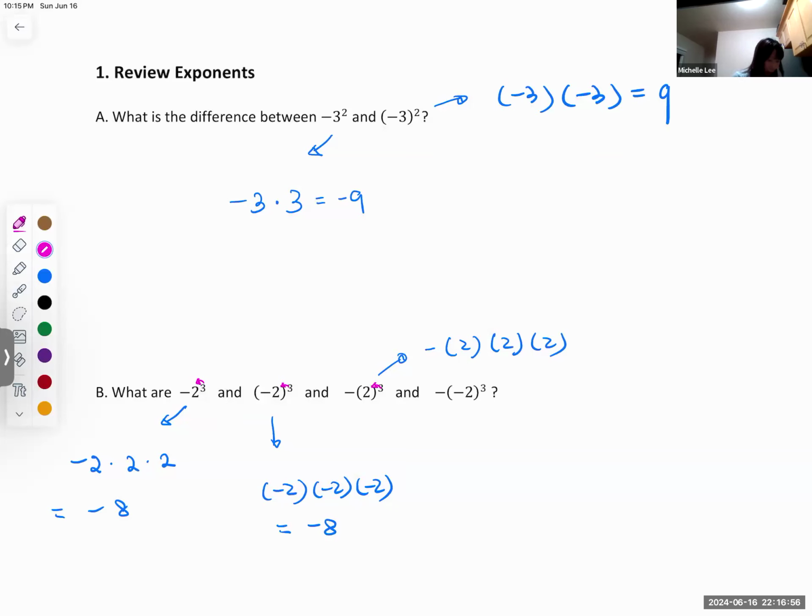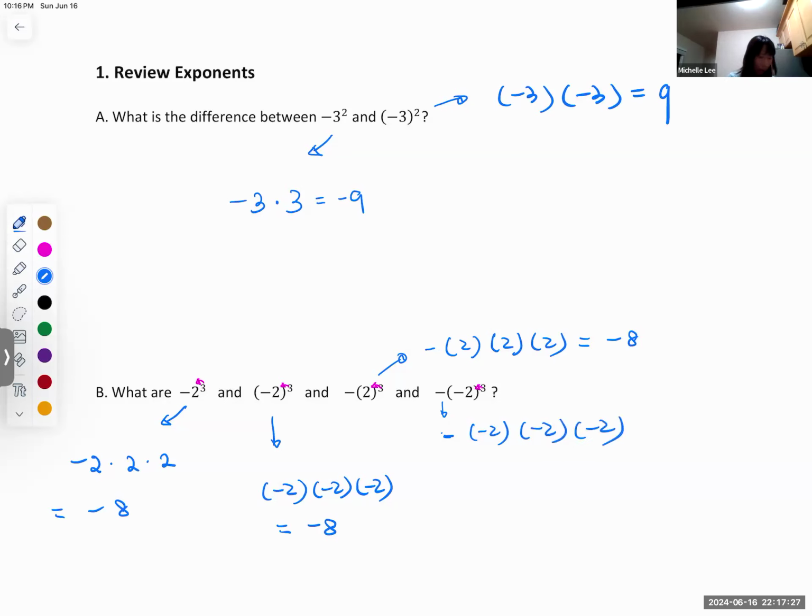And how about this one? This one is a parentheses. Inside the parentheses, we have a -2. Oh, I have not finished this one. So this will be 8, and then we have a negative, so -8, right? And this is negative, and then -2 times -2 times -2, and 3 times of that, right?